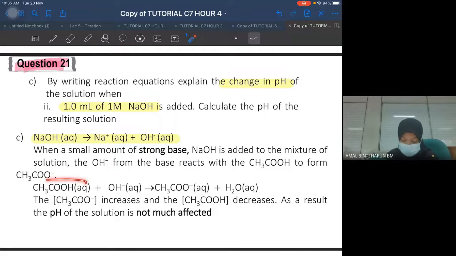So ini adalah acidic component. Kenapa kita kata dia acidic component? So ini adalah base, ini adalah acid, because it can donate its proton to the OH minus. So it will form the conjugate base and the H2O form. So the base added is neutralized by the acidic component of the buffer. So the pH does not much affected.